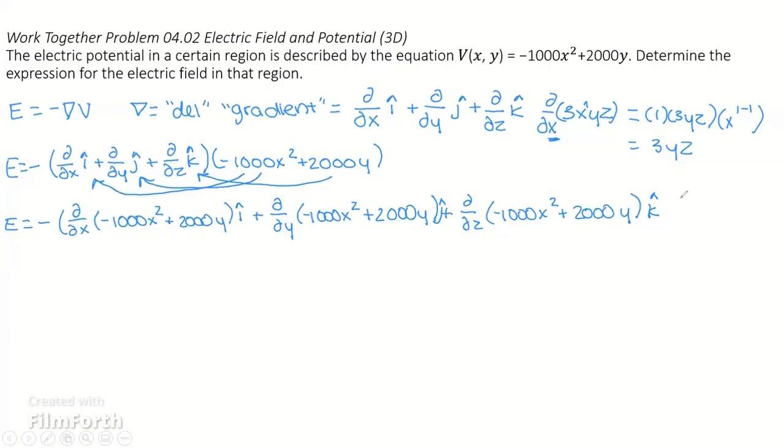And we take the negative of this whole thing, so we want to make sure that that is all in brackets.